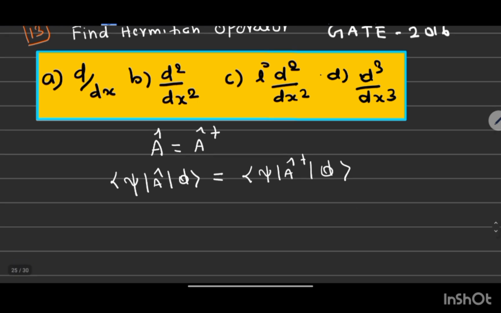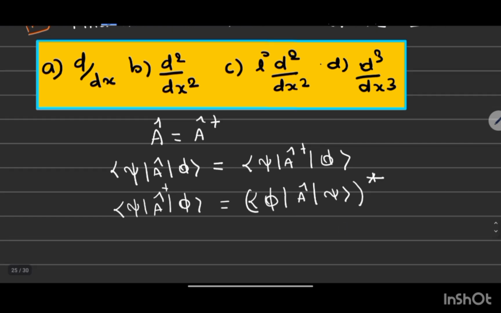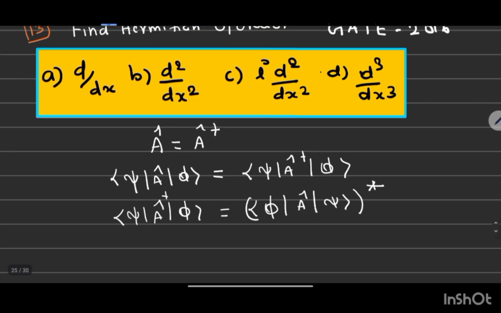So how to find the Hermitian adjoint of an operator with respect to states psi and phi: it is equivalent to changing ket to bra and bra to ket and taking the whole complex conjugate. Now we'll take the first operator and check the hermiticity.